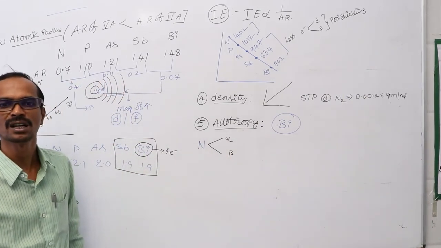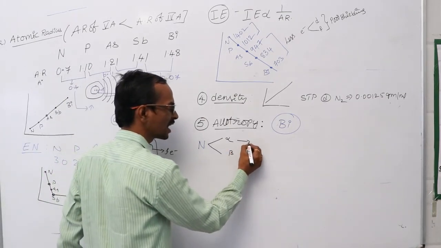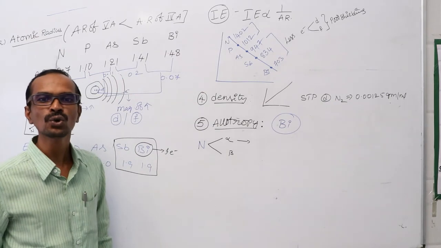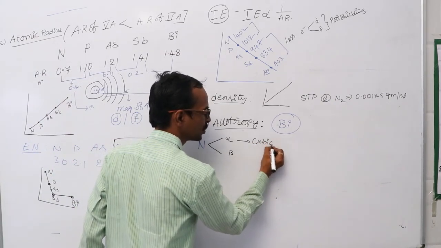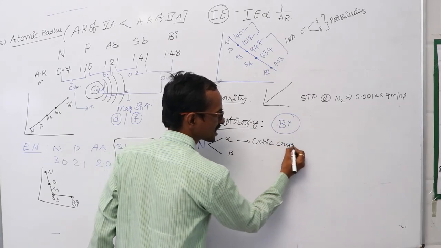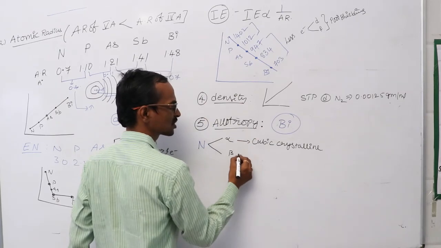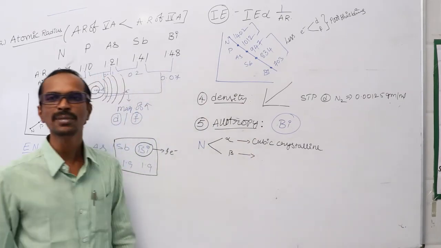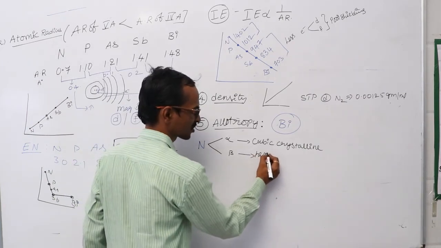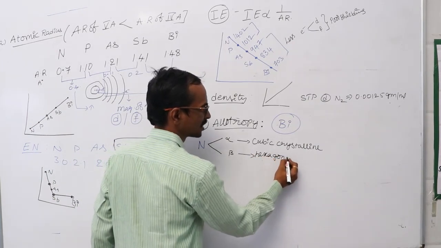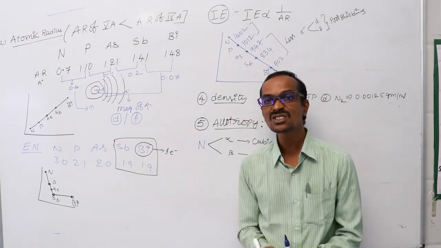Alpha nitrogen has a cubic crystalline structure, and beta nitrogen has a hexagonal crystalline structure. Here you have to remember the transition temperature.